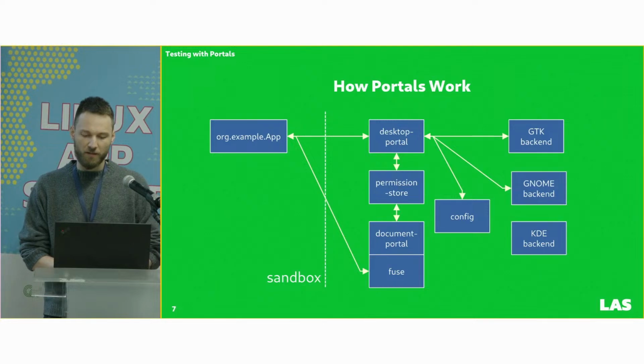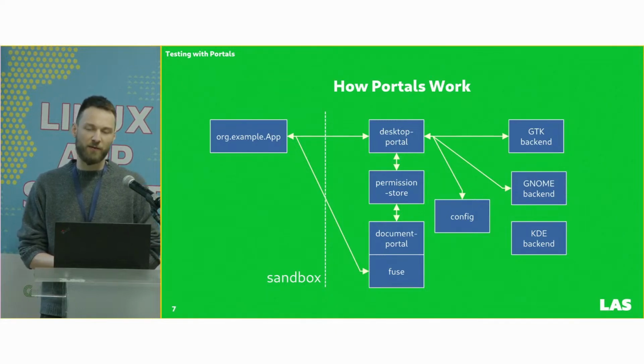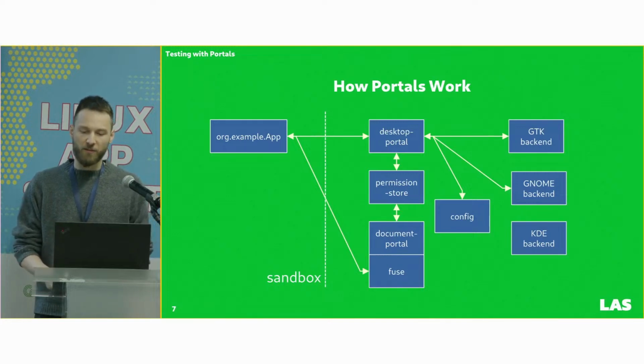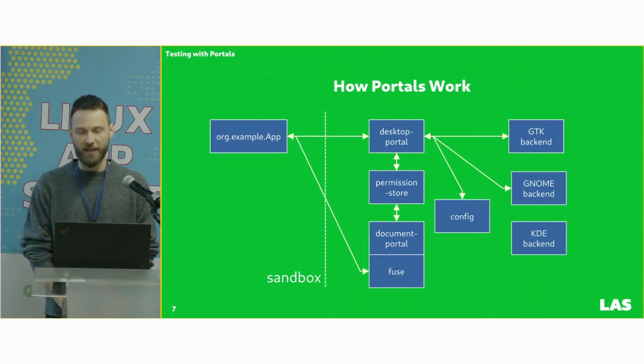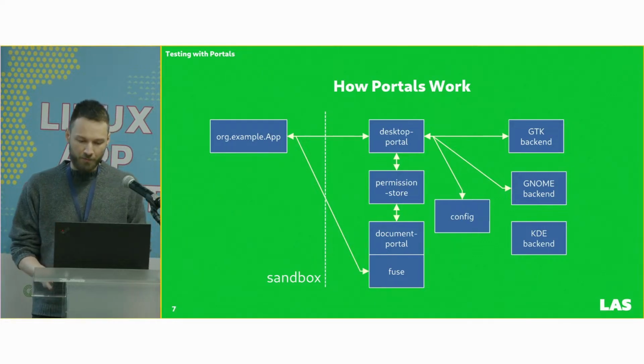There's also some configuration involved: you have to configure it in a certain way for it to be set up correctly for the desktop environment that you're using, and then it will automatically pick the right backends. In this case, for example, you have GTK and GNOME backends being used, whereas the KDE one might be installed on the system but not used in the current session.